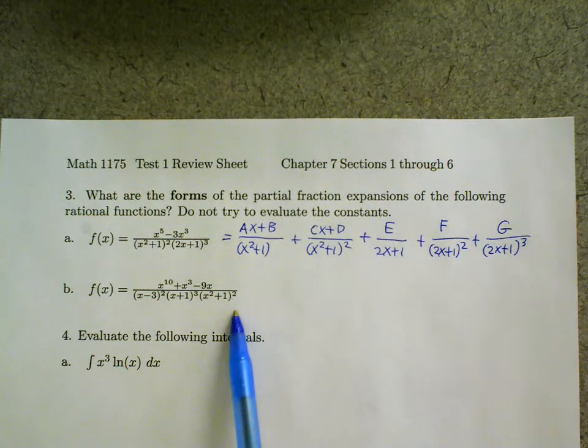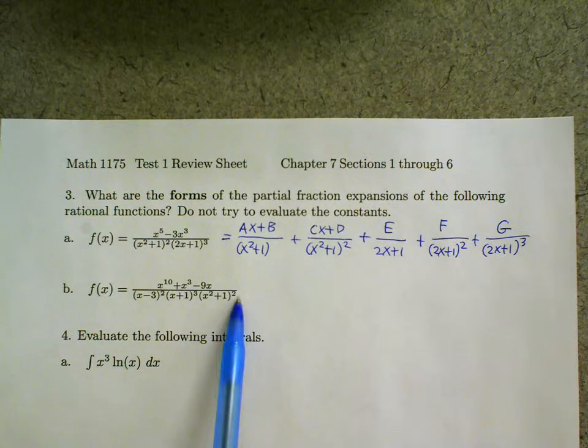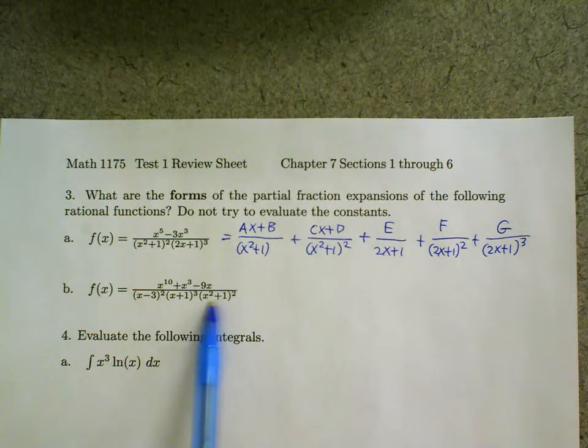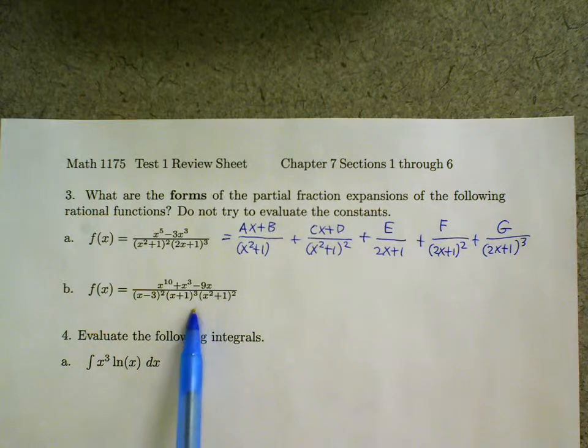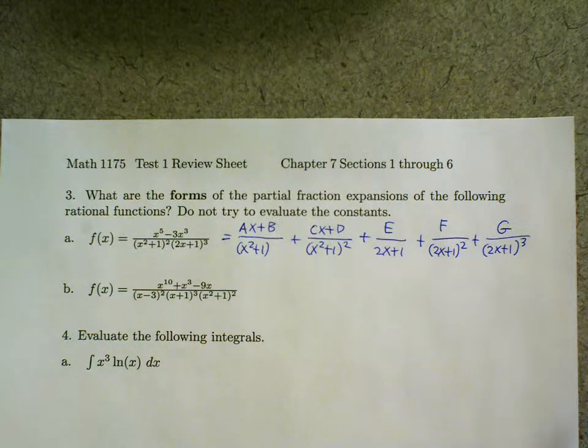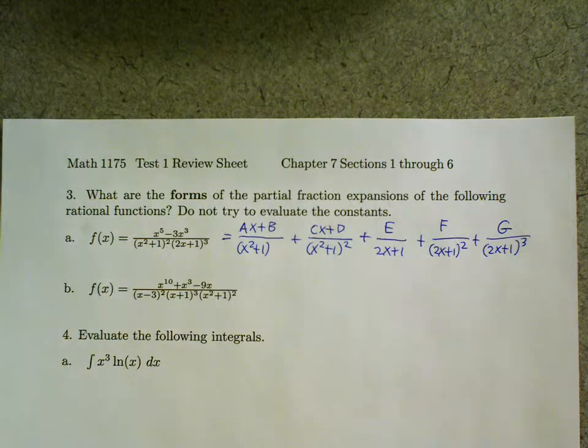Okay, in part B, the degree of the denominator is 9, and the degree of the numerator is 10.